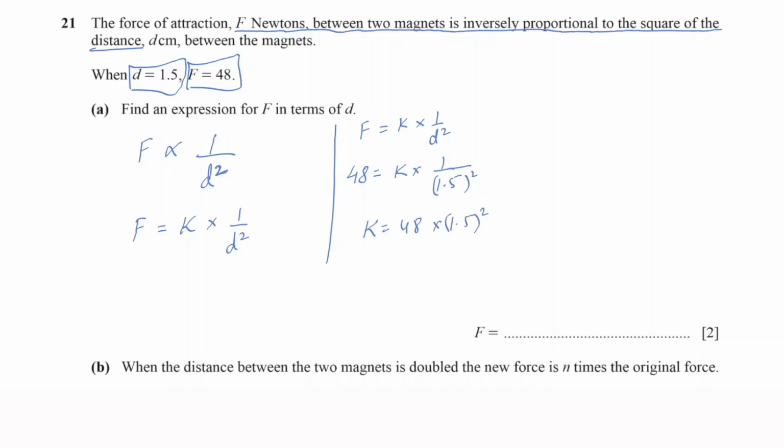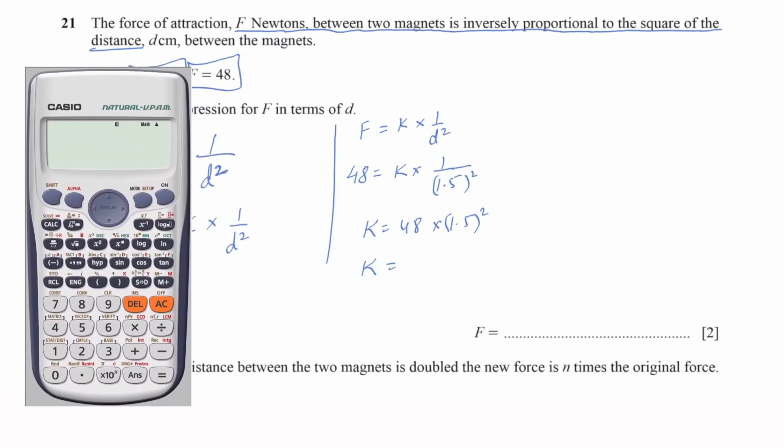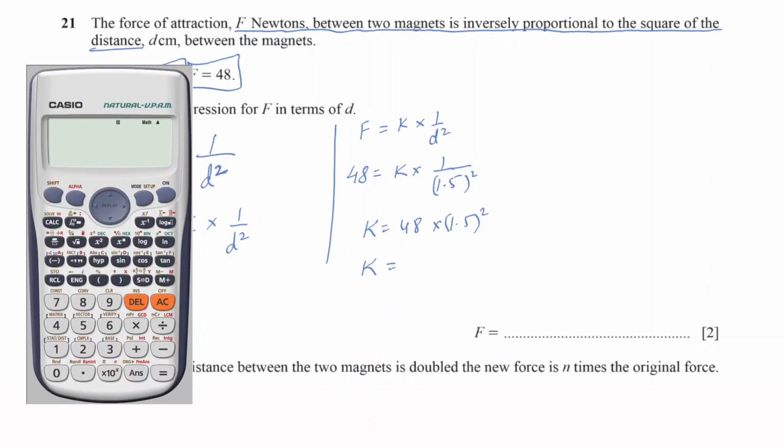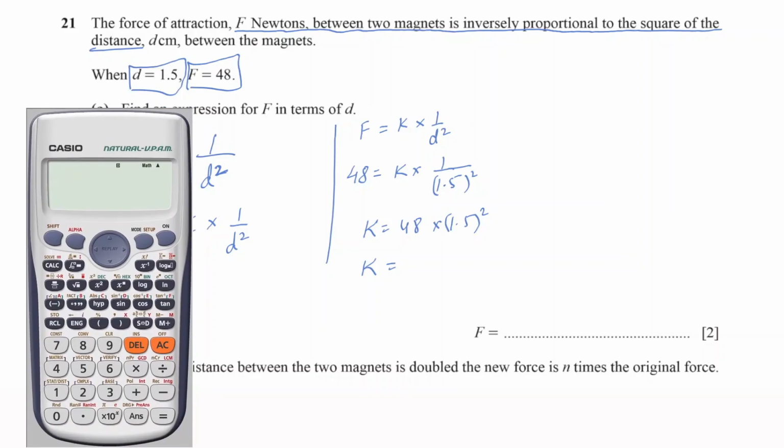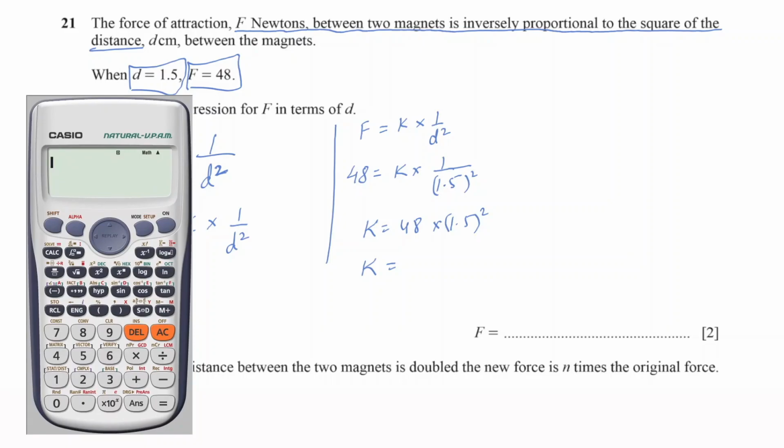I hope you understand this. Let us use our calculator. 48 times 1.5 square gives me 108. So k is 108.